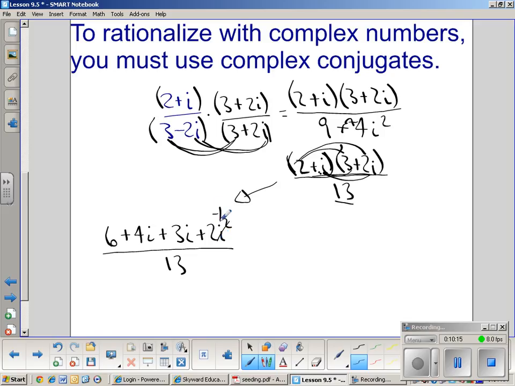Negative 1. So that makes this a negative 2 plus 6, which is what? 4. So 4 plus 4i plus 3i becomes plus 7i over 13.